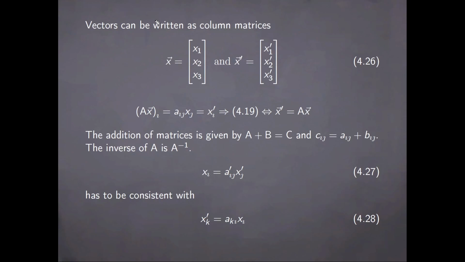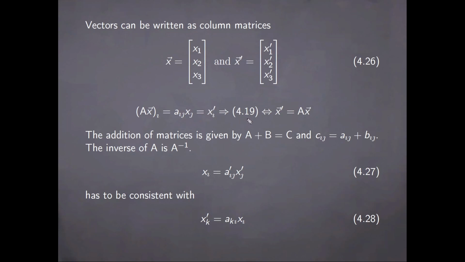Now, vectors can be written as column matrices as well, in this way, either in the laboratory or in the primed frame. And then if we apply the transformation matrix A to the column matrix X for a vector and look at component i, it will be given by the linear combination here, which is just the primed component.